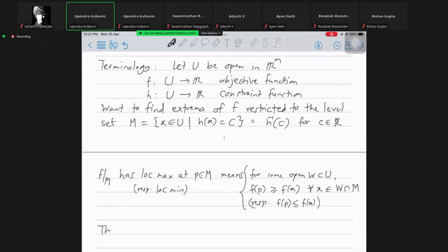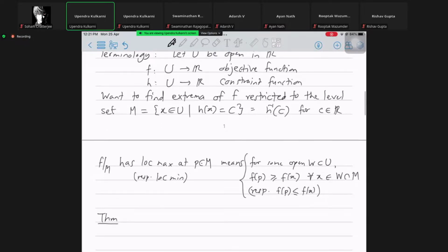So this is the theorem which I'm going to state now, and let us see. There's going to be something wrong with this. I'm already telling you. Okay, we'll find out what is wrong. In the above situation, suppose f and h are C1 functions.